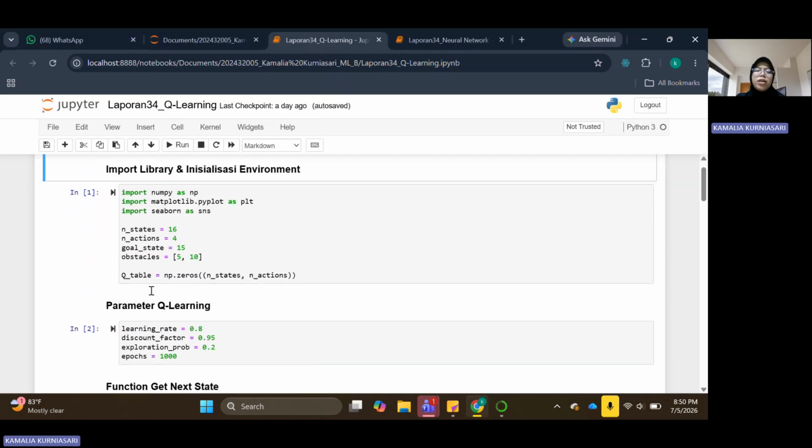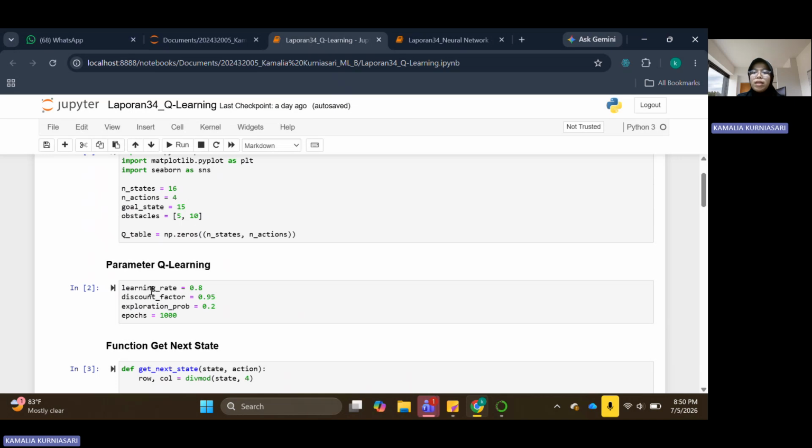And here are the parameters used in this practicum: learning rate equals 0.8, discount factor equals 0.95, exploration probability equals 0.2, and epochs equal 1000. These parameters control how the agent learns from experience.